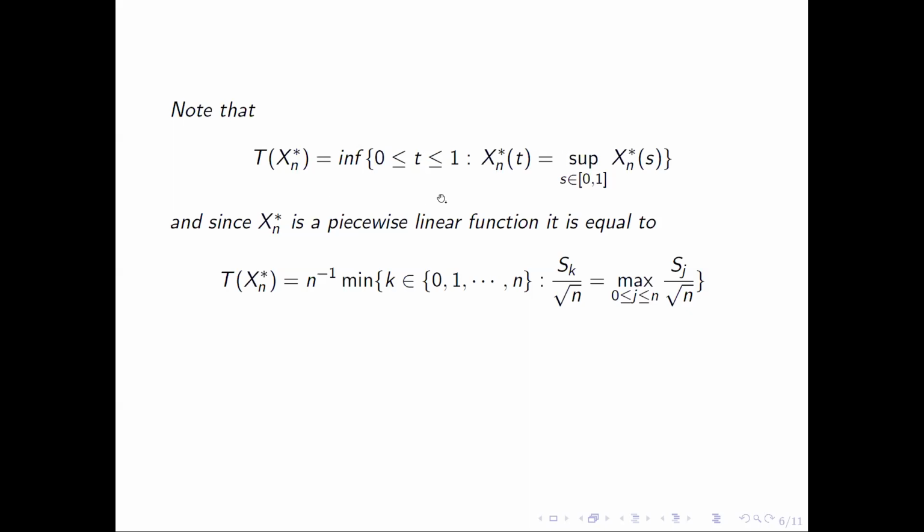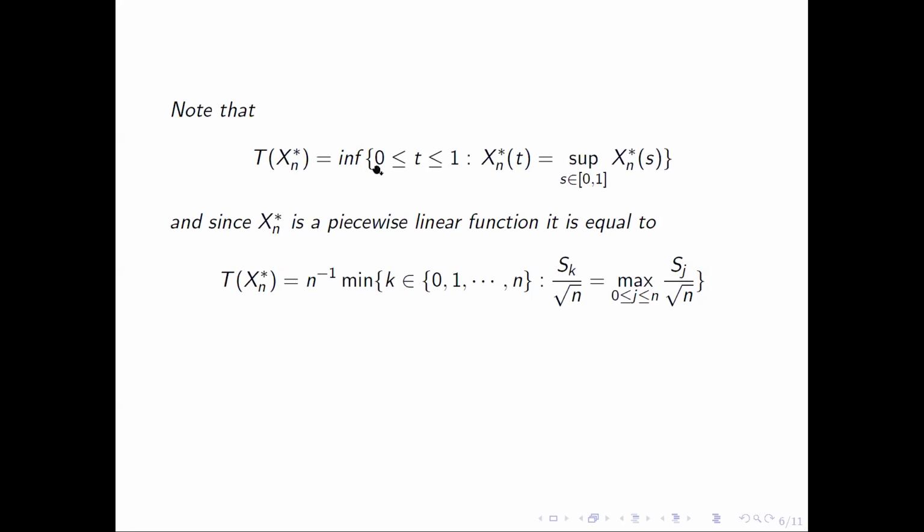So what happens is, you can just discretize it and make it S_k by root n. And this side is Xn star. As you can see, it will be the maximum of S_j by root n. And this minimum over k in 0 to 1, you can think of it as the minimum of k by n.